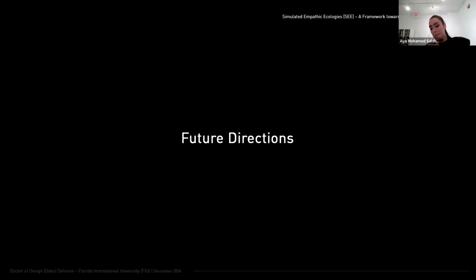On a last note, it's also important to note that with this kind of research there is an array of ethical questions that demand further exploration in future work, and that's something I also wish to engage in, to have future iterations of this framework address these ethical concerns.